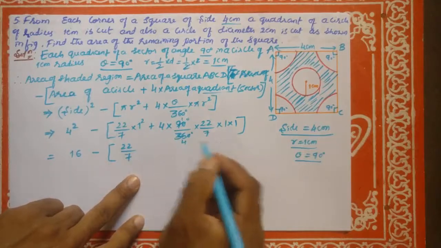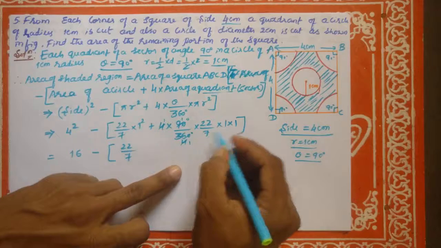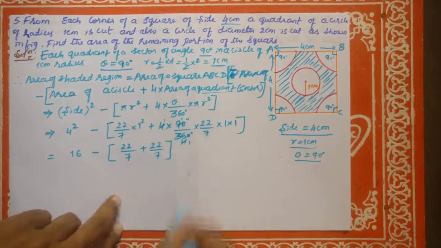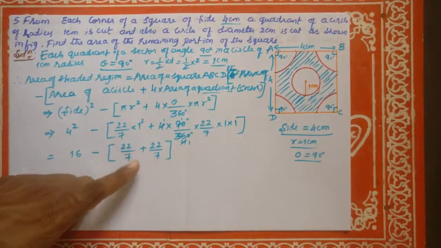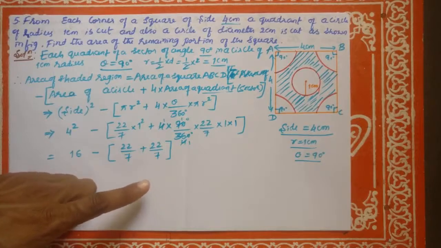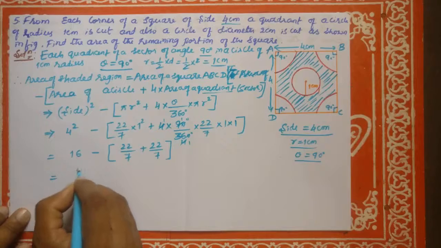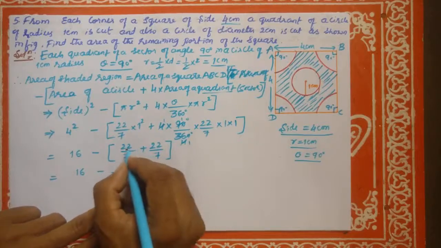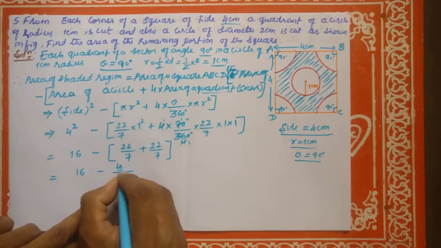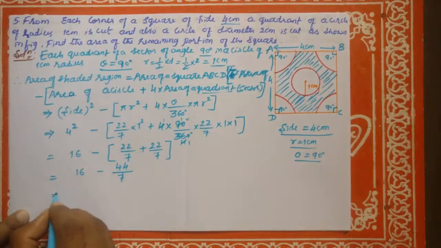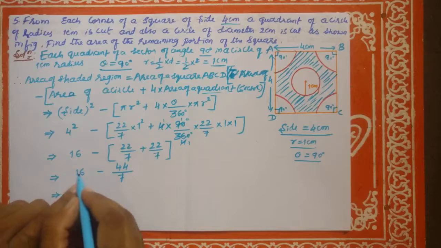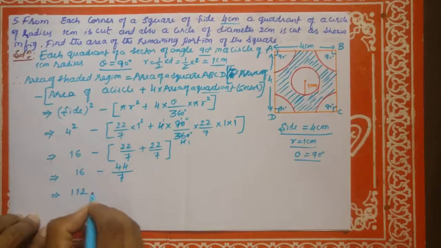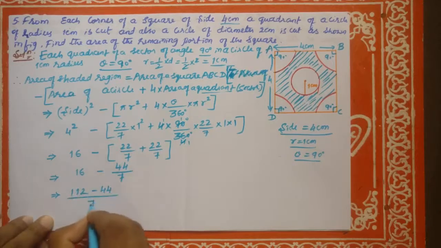the zeros get cancelled, 4 into 90 over 360 gives 1, so 22 by 7 plus 22 by 7. So 16 minus 22 by 7 plus 22 by 7. Both have the same denominator, LCM is 7, and 22 plus 22 is equal to 44. 7 into 16 is 112, minus 44, divided by 7.